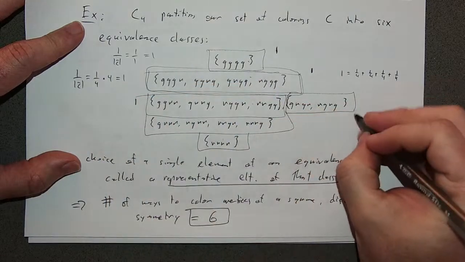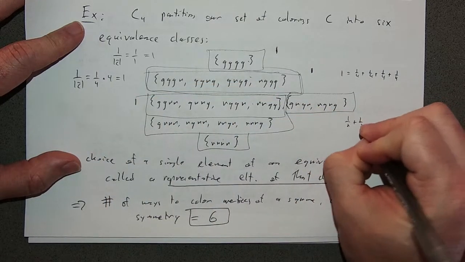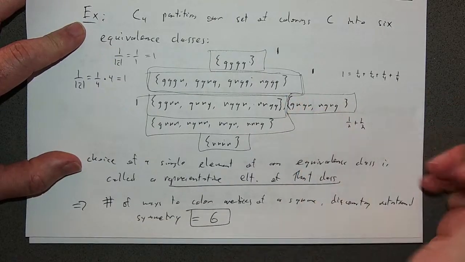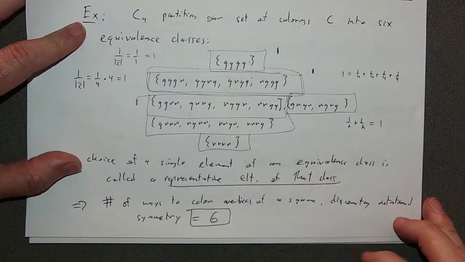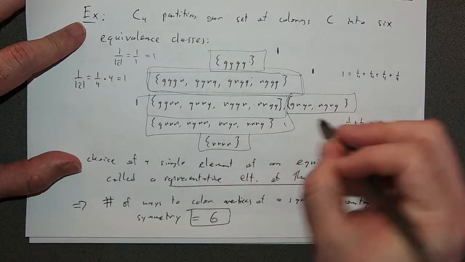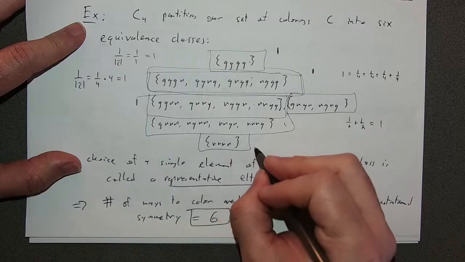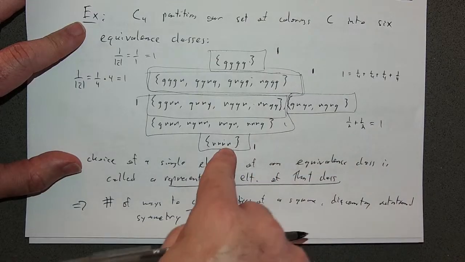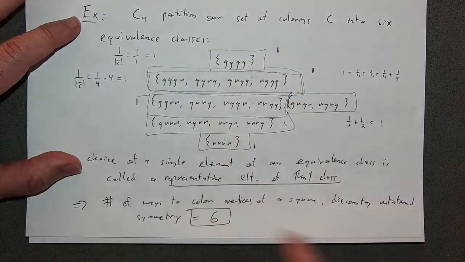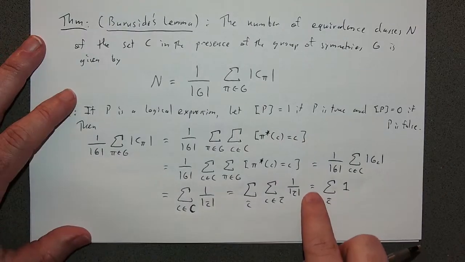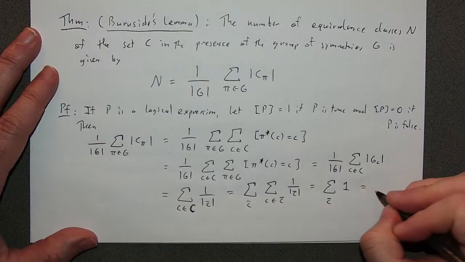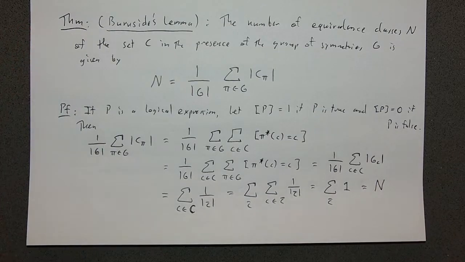Here you would get 1/2 plus 1/2 because the size of this equivalence class is 2, and you have 2 colorings. And here you get 1 times 1 because there's a single element, so one term. In each case, you're getting 1 for each equivalence class. That is what this equality means. But 1 for each equivalence class is just the number of equivalence classes, or n, and that is it.